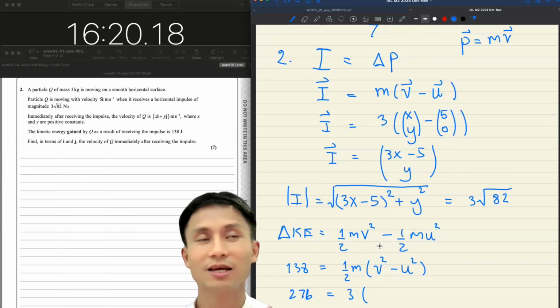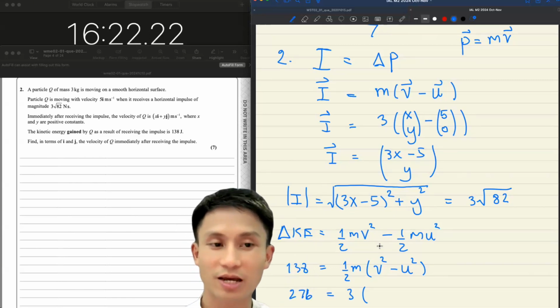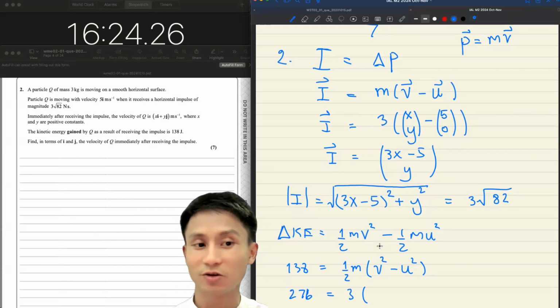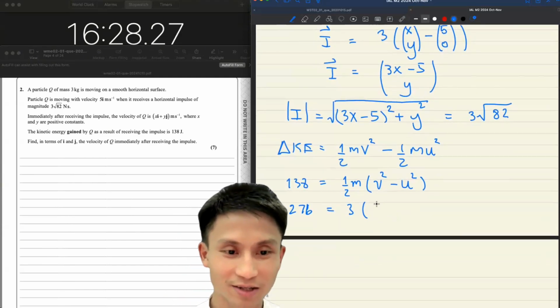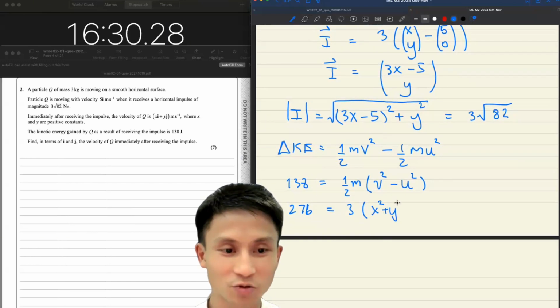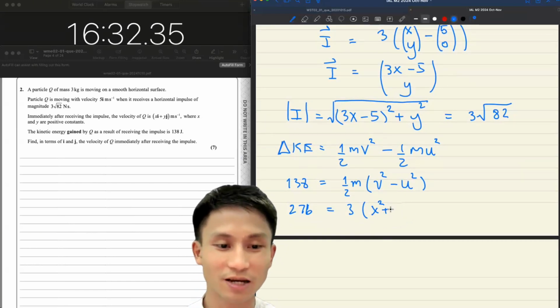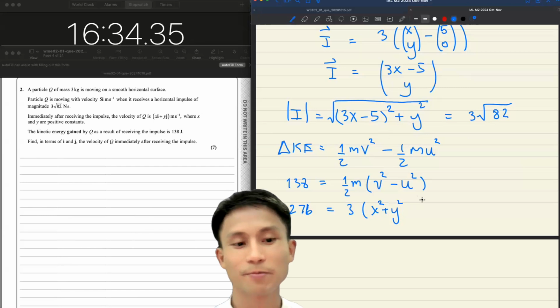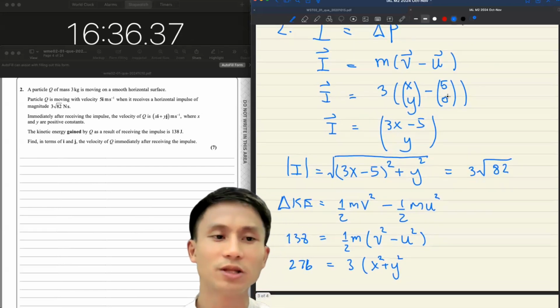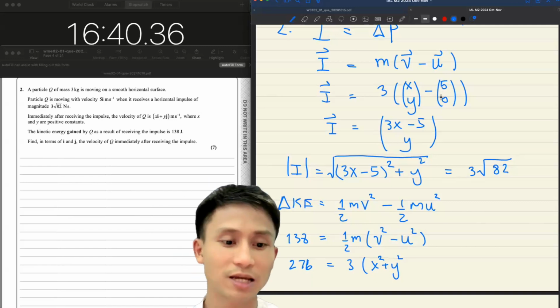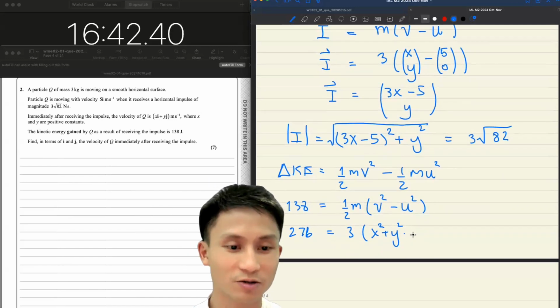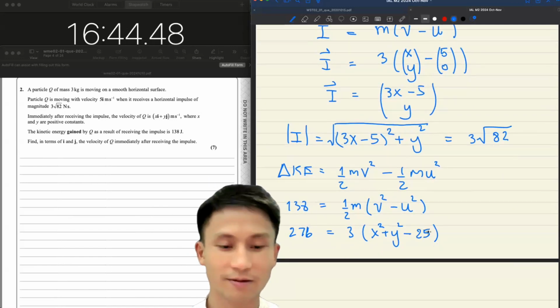Because v has x and y in i and j, if you want to find the magnitude, you've got to do x squared plus y squared, square root. But this is the magnitude squared, so that would just be x squared plus y squared. And these are not vectors, guys. Don't forget. And similarly with the u, but the u, we already know that the velocity is in one direction. So the speed squared would be 25 here. So I'm going to minus 25 there already.